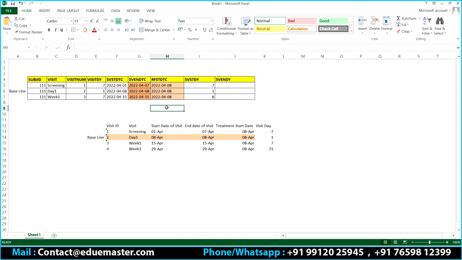How are we going to do it? If my SVENDTC, end date and timestamp, is before my treatment day, it is simply going to be this minus this. Correct? SVENDTC minus RFSTDTC, which is equal to minus 1. Yes or no?